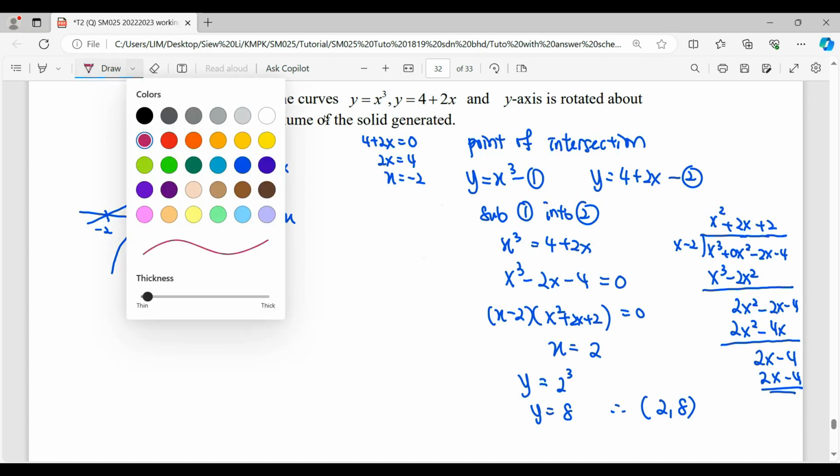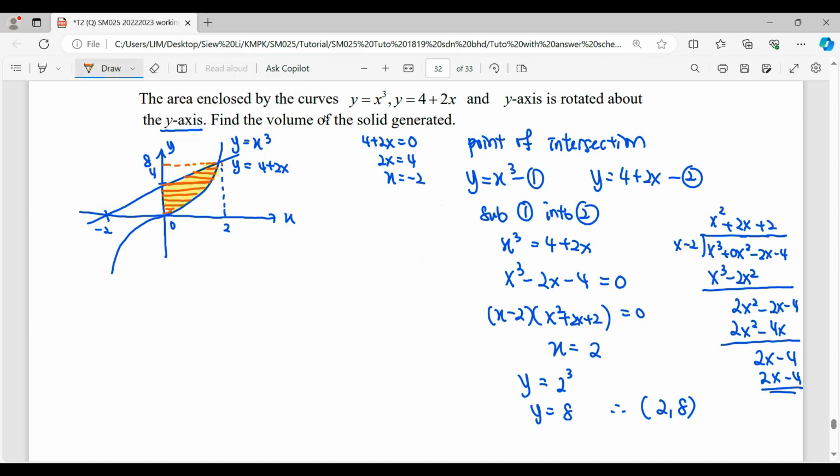To form the formula for finding volume, we need the lower limit and upper limit, and the equation with x as the subject in terms of y. Then we rotate about the y-axis, so we use dy.